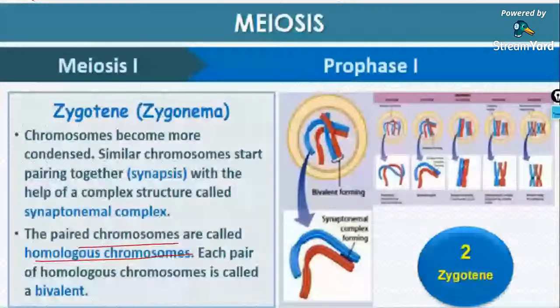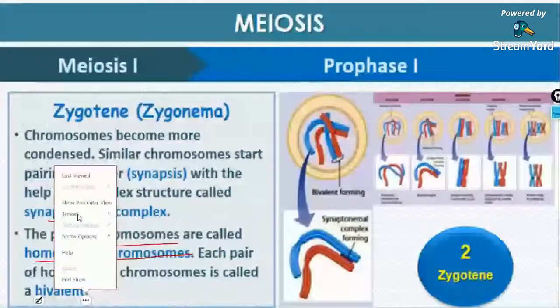The astral rays start moving apart. The nucleus enlarges.